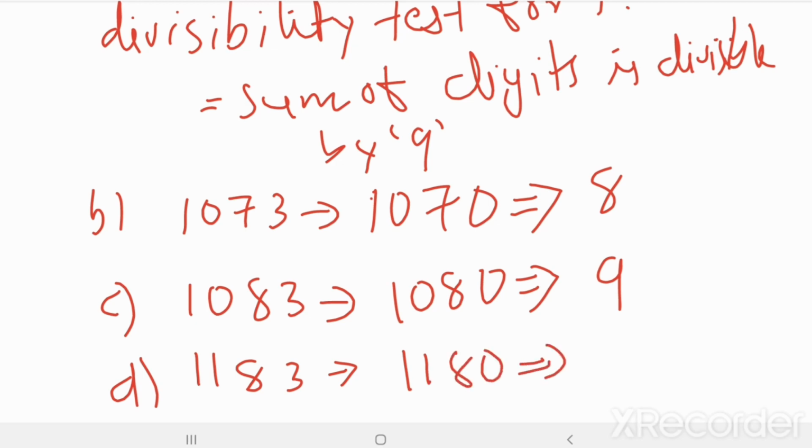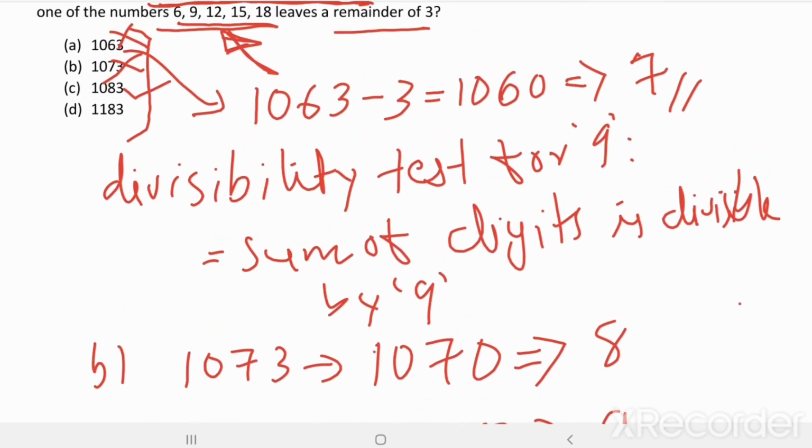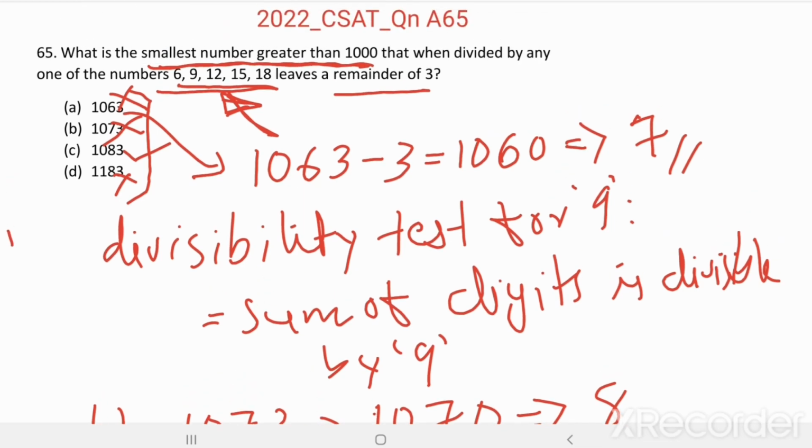Sum of its digits equal to 10. 10 is not divisible by 9. Therefore, we can eliminate this option also. So, the right answer is option C. So, you can check with any one of these numbers, divisibility test of any one of these numbers. Now, I just considered 9 and from there itself we got answer as option C, 1083.